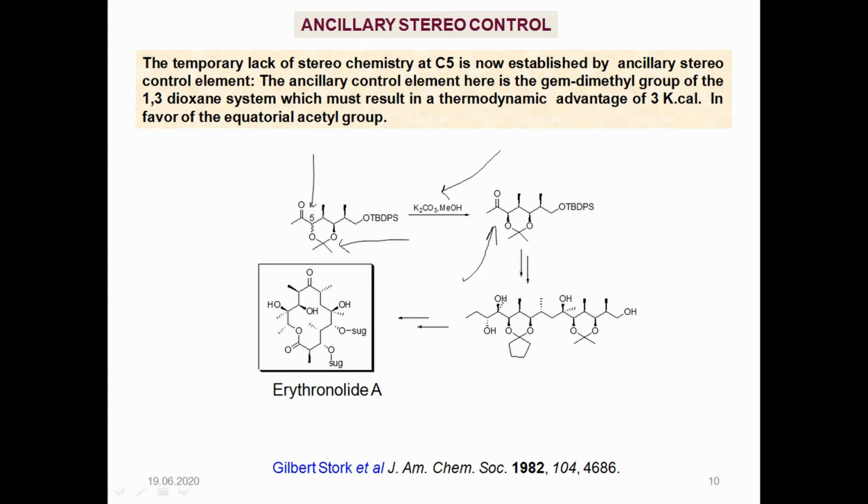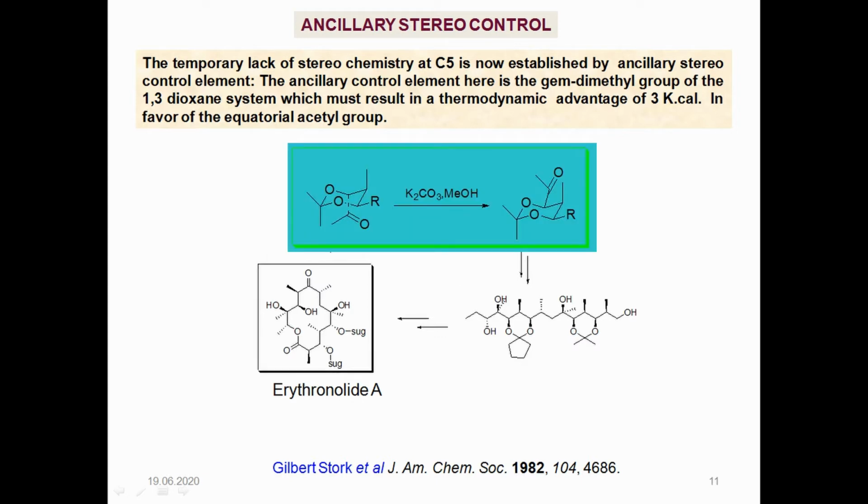Suppose you see here, the center is alpha to the carbonyl. If you treat with K2CO3 in methanol, racemization takes place and it comes to the equatorial position.